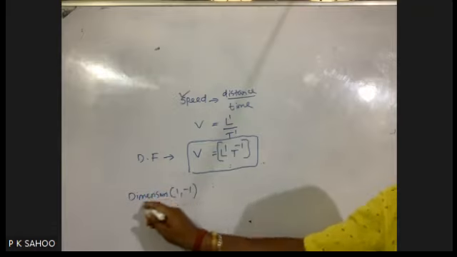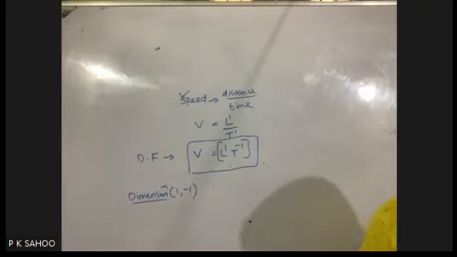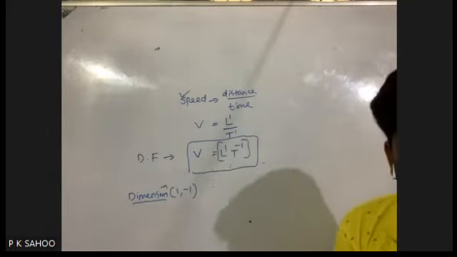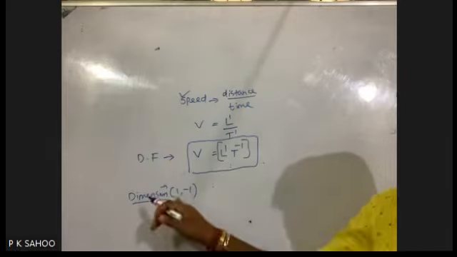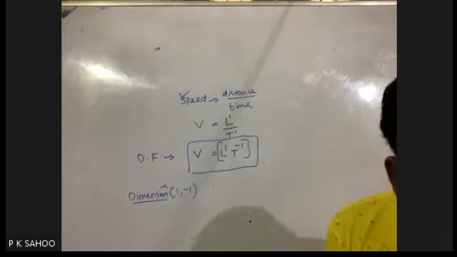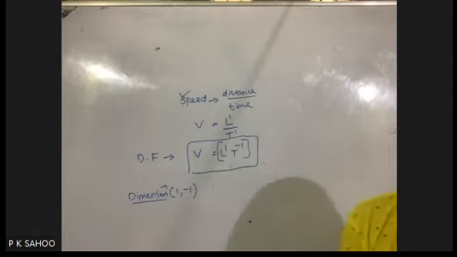And dimensions are written in which brackets? Dimensions will be written in common brackets, but the dimensional formula will be written in square brackets.